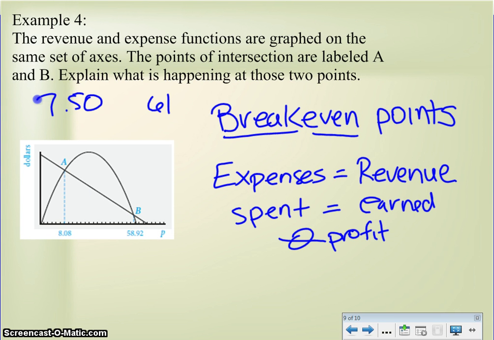$7.50 first is going to fall somewhere about right here. And you can see this is my expense line and here is my revenue line. So at this point, expenses are higher than the revenue. They're losing money.